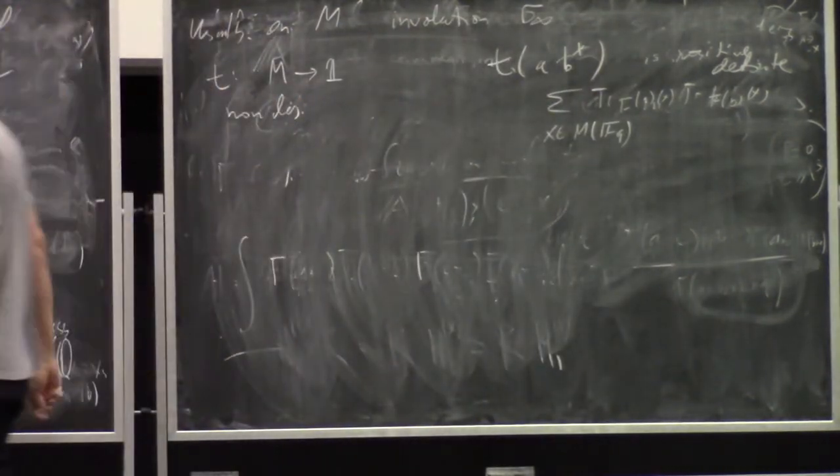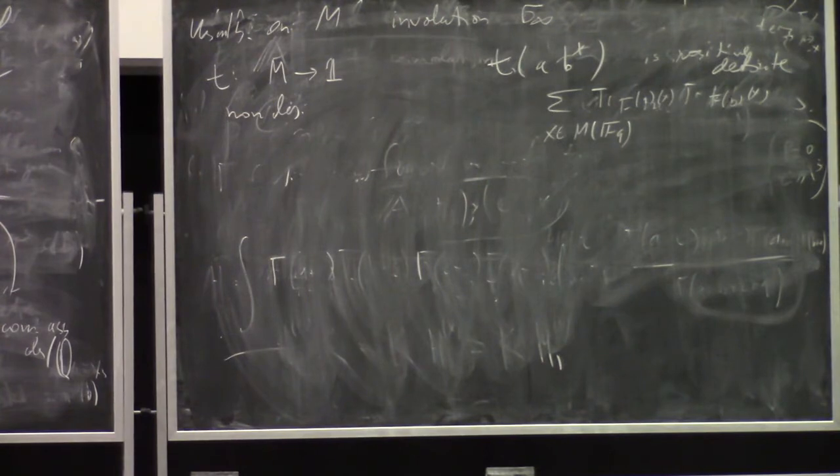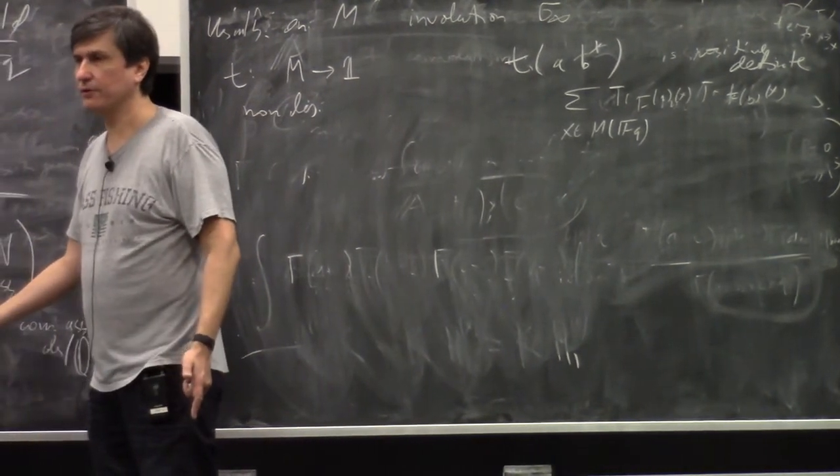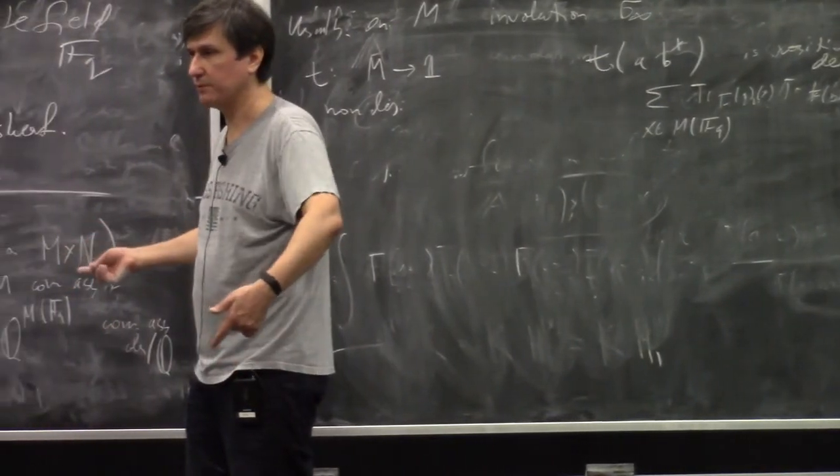So we get, in this case, a commutative star algebra defined over Q, so the sum of CM fields, complex multiplication fields.